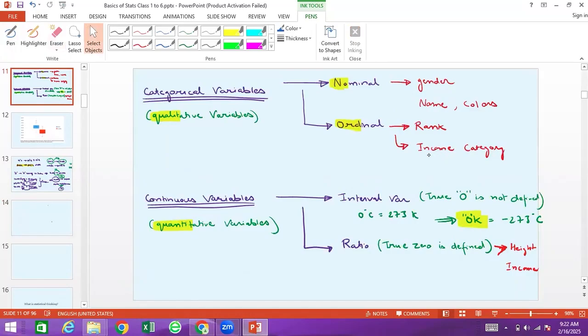Let's say we call income category an ordinal variable. Why? Because income categories can seem to have no order, but they still have order.